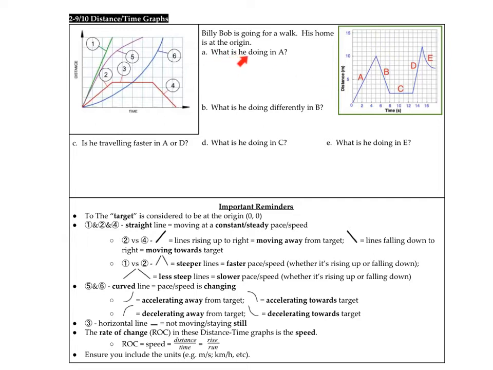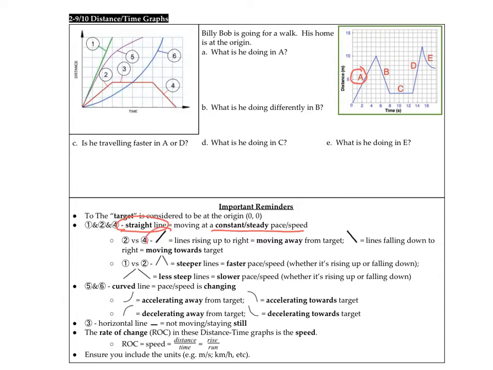So the first question is, what is he doing in part A? Part A is a straight line and it's sloping up. So it's starting at 0 and it's sloping up and it's a straight line. So for part A, a straight line means the person is moving at a constant or steady pace.